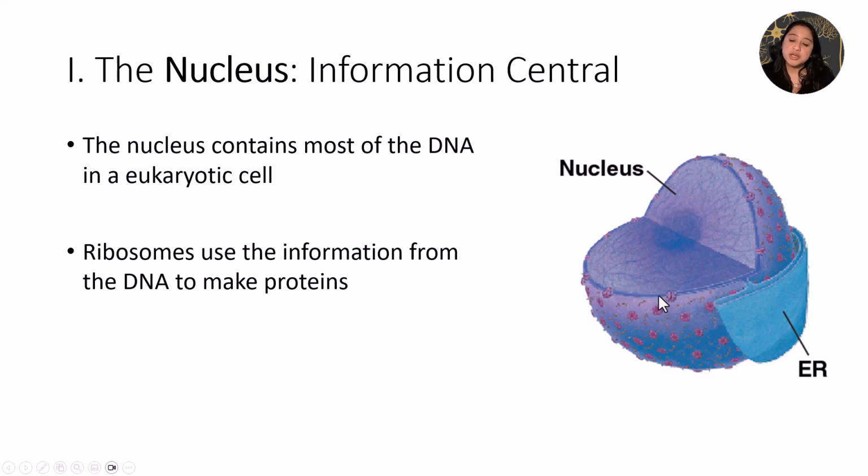If you were to compare a cell to a city, people say that the nucleus is like the mayor's office, or the main city government office, city hall, because it has the important things that are going to dictate everything else in the cell.